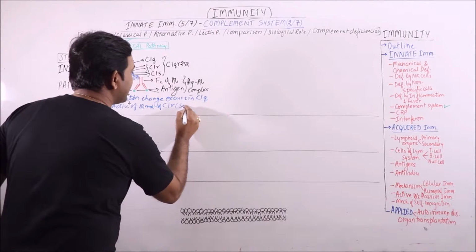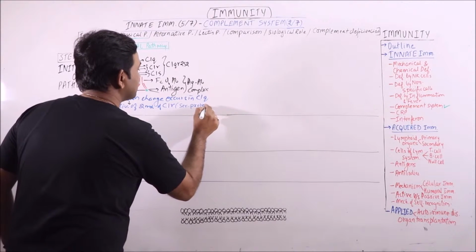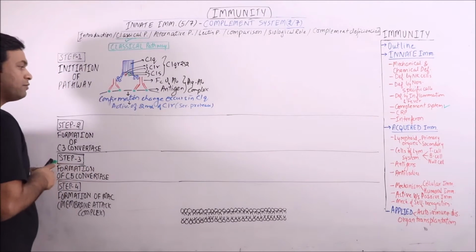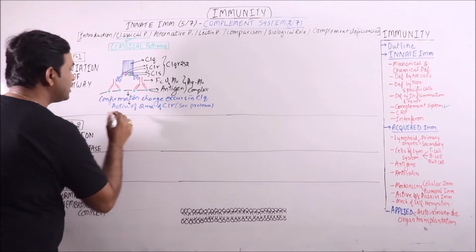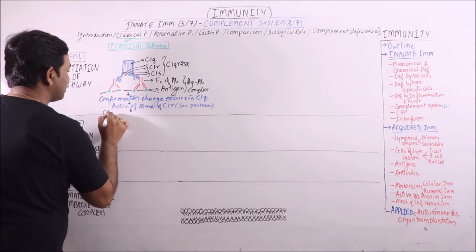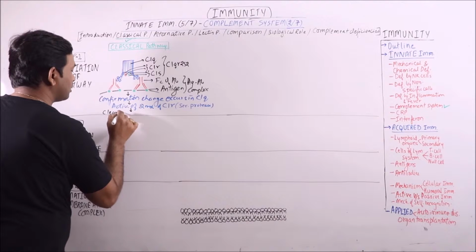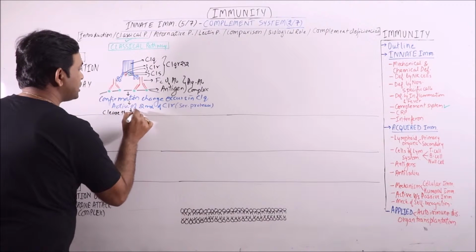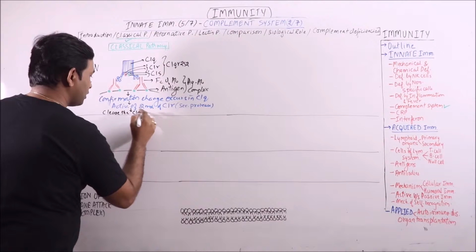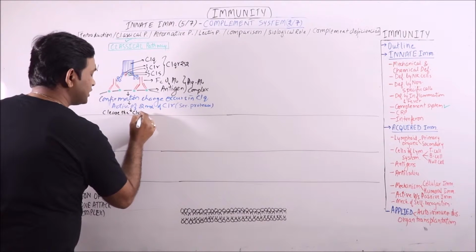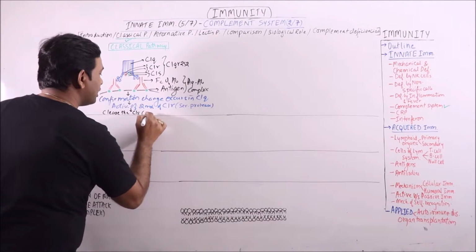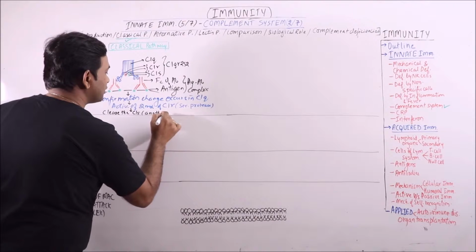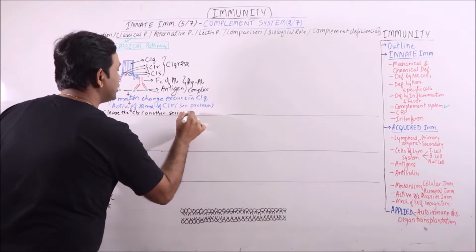C1R is basically serine protease. And when this C1R is activated, it will cleave the C1S and two molecules of C1S will be cleaved, which are another serine proteases.